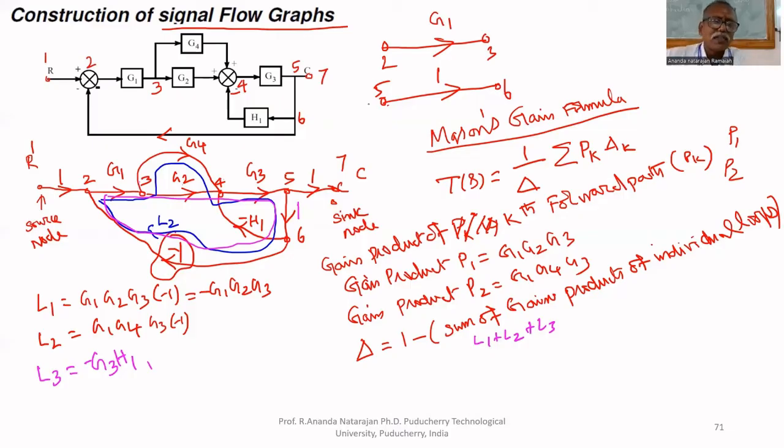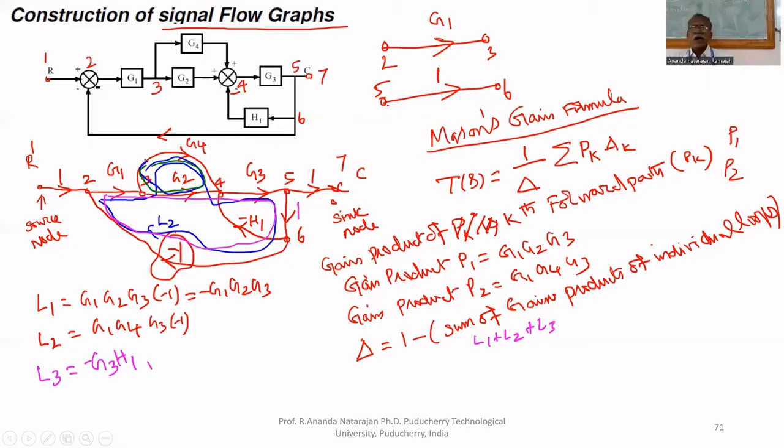If you travel from 3 to 4 through G4, you are traveling as per the direction. If you travel from 4 to 3, it is against the direction, so you cannot travel. I understand that. Only 3 loops are there, not 4 loops. This is not a loop.